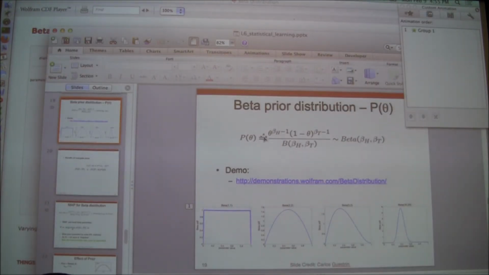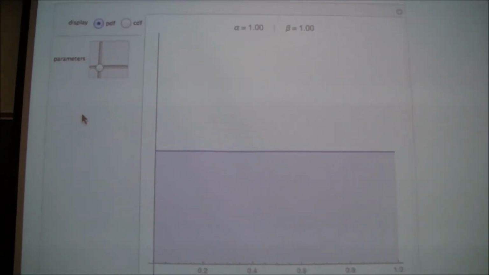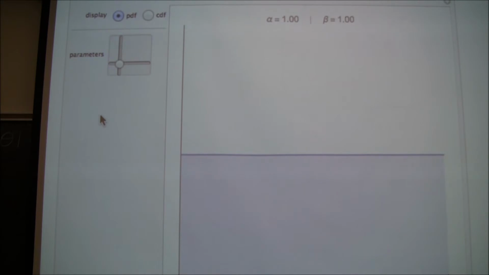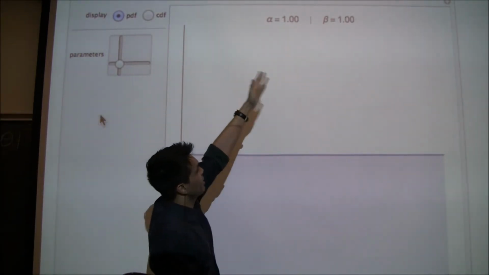Remember it was theta to the beta heads, and it's going to be pretty clear in a second why I'm calling this beta heads and beta tails. Think of this as just two parameters that control the shape of this distribution. This visualization calls them alpha and beta, but think of them as beta heads, beta tails.